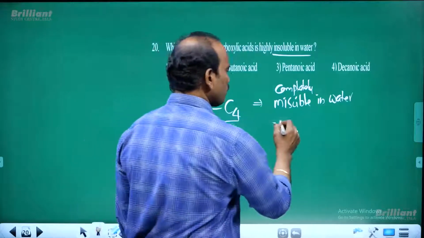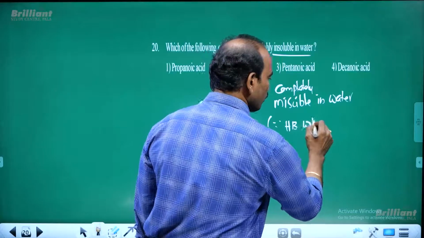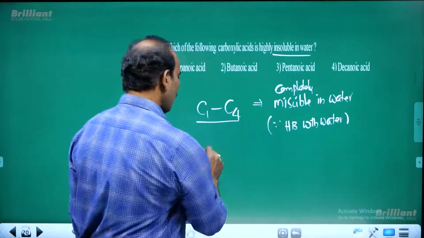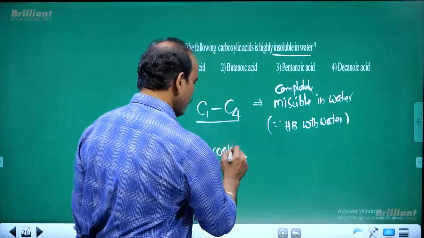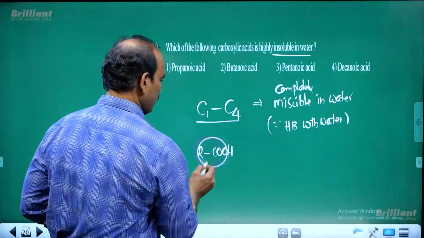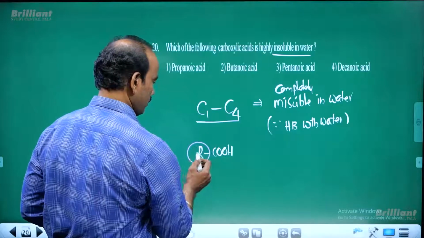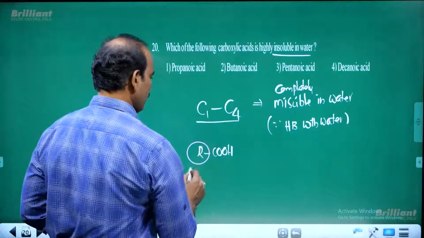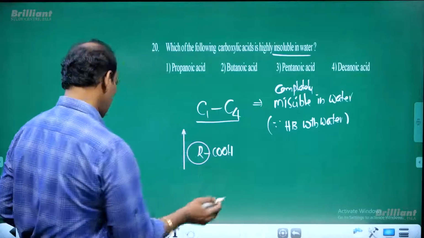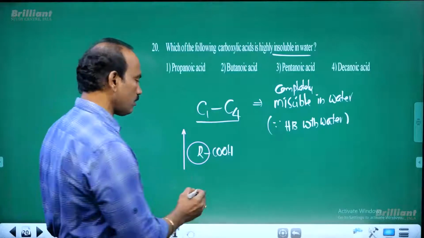After that, what is the reason? Due to intermolecular hydrogen bonding with water. But here RCOOH, and then as the size increases, the number of carbons in the chain increases, hydrophobic interactions increase, and solubility decreases.